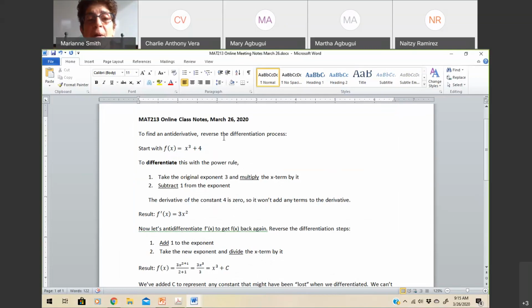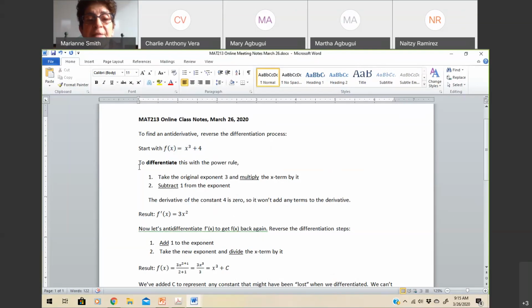We want to see what happens when we differentiate this, and then come up with steps that reverse the process. What I'm showing you here is what anti-differentiation actually is, using a simple example with the power rule. So here's our starting function.